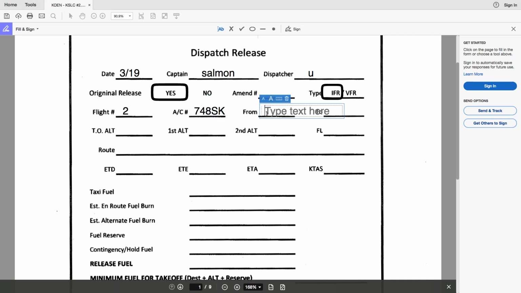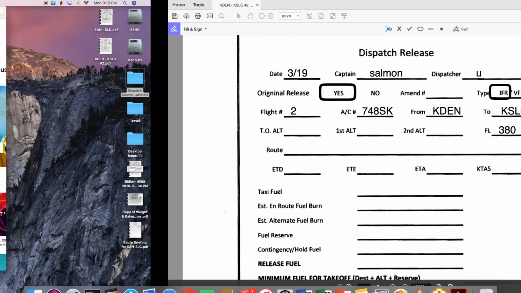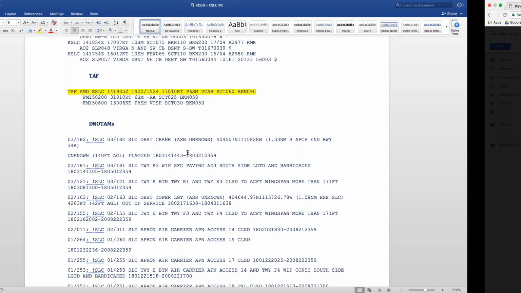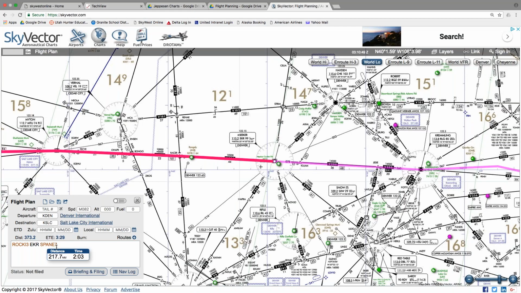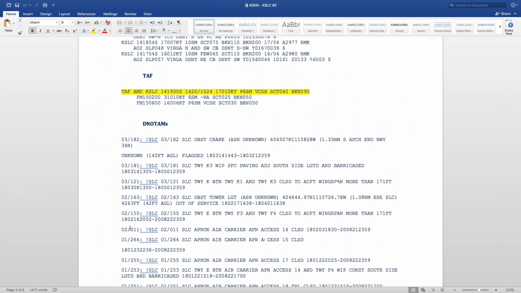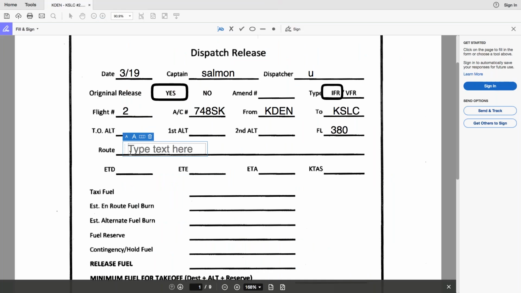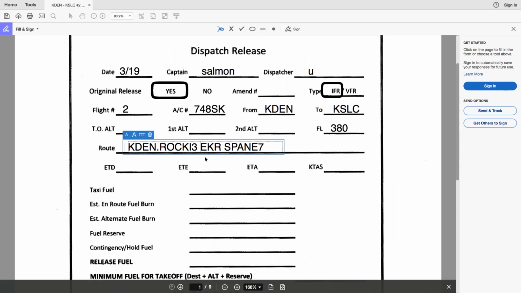Went from KDEN over to KSLC. Didn't have any alternates, and we planned flight level 380. Okay, our route. You can just take off our SkyVector here. We go KDEN dot our route, right?